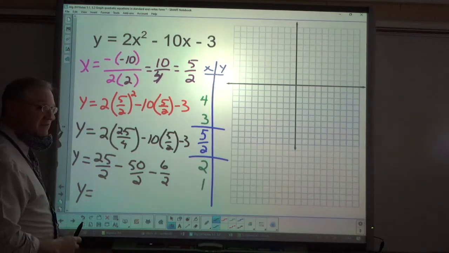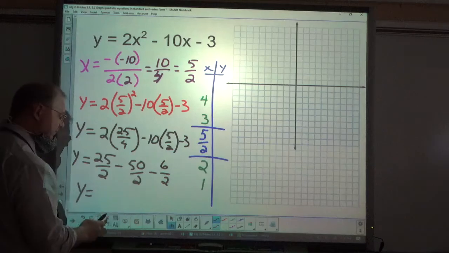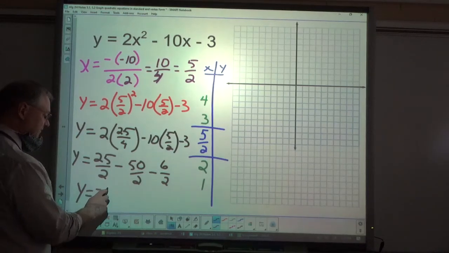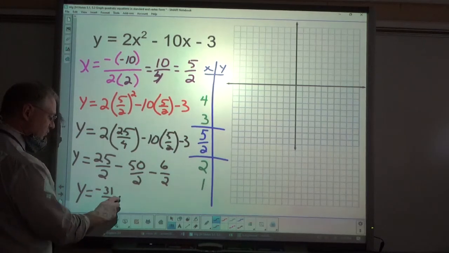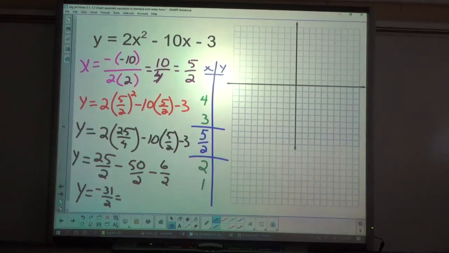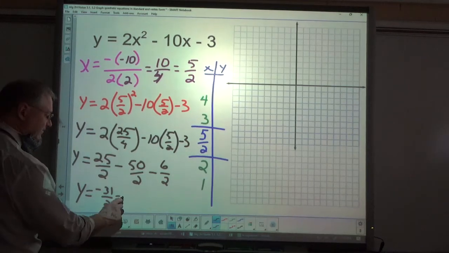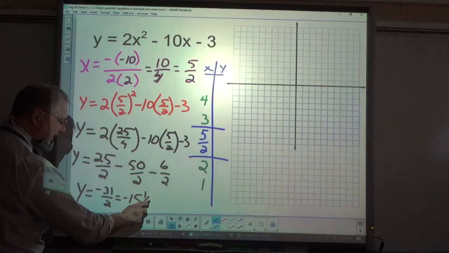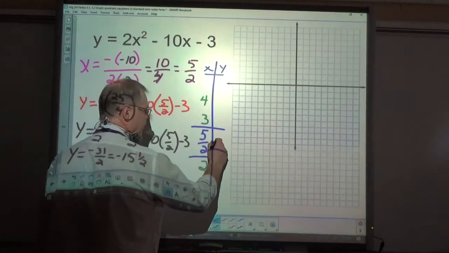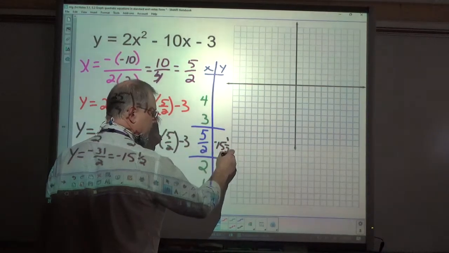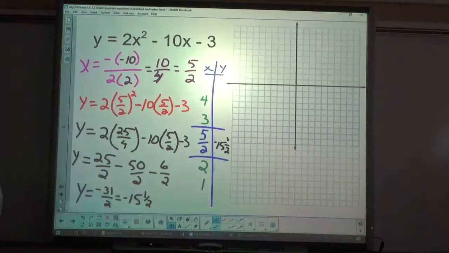25 minus 50 is negative 25, and another negative 6 would be negative 31 over 2. Well, 31 over 2 is 15.5, so negative 15 and 1/2. You can see why I had an extra little bit there on the graph.